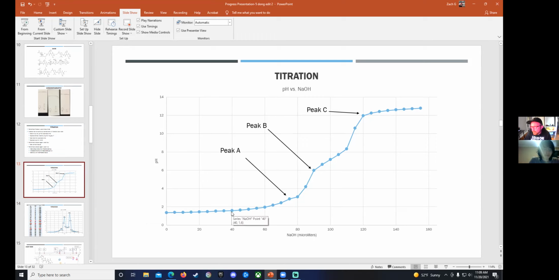We started to add the sodium hydroxide, and then we actually started to see this nice flow, and this is really what we were after. As opposed to the previous 2 weeks, where we just sat at a constant pH for a ridiculously long time.